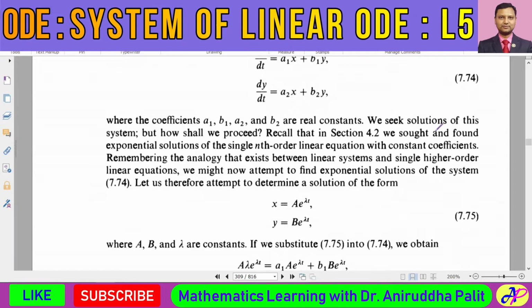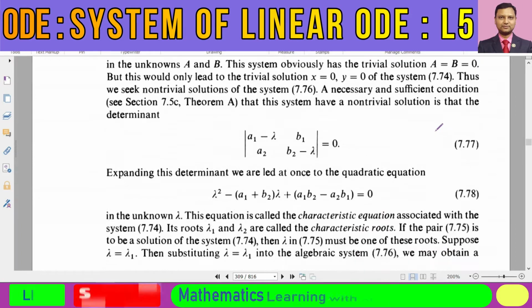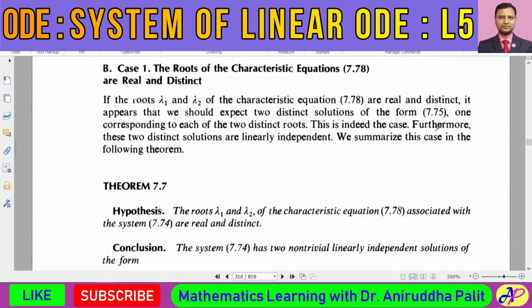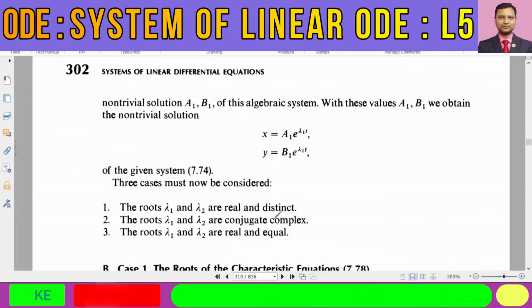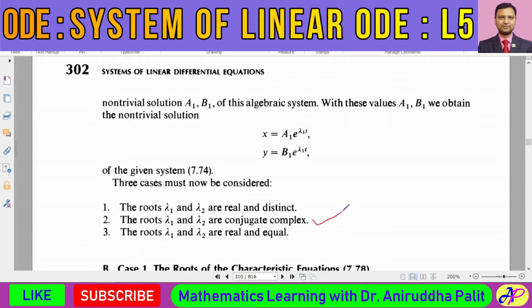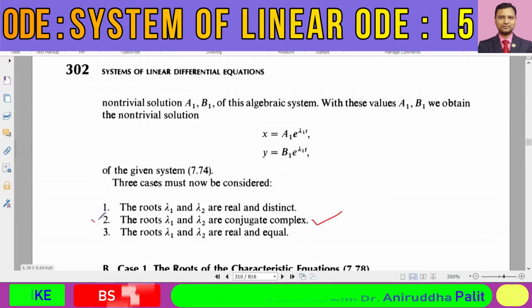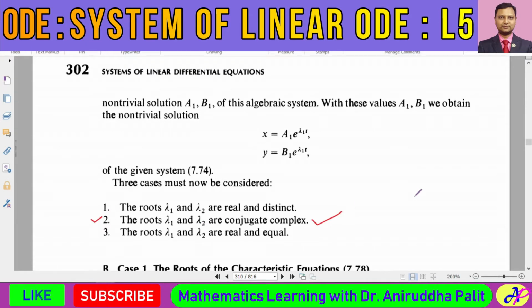Now we consider the second case, where the characteristic roots are complex conjugates.